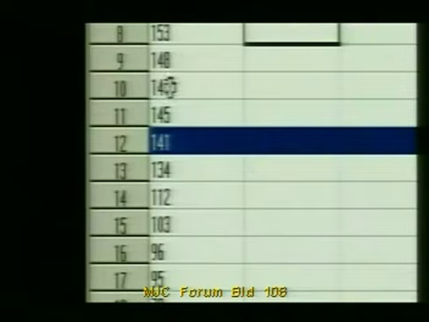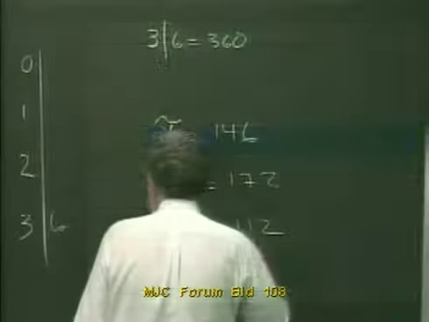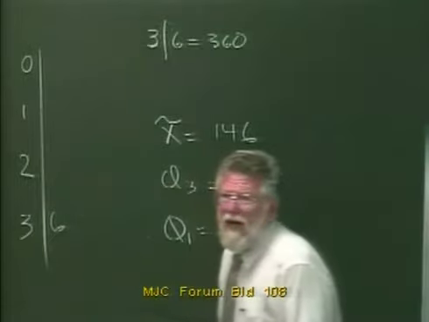These are the bottom 9. So I want to go to which value if I just count down? 1, 2, 3, 4, 5. There are 4 above and 4 below. So what is my Q1? I heard one of you say 112. Very good.